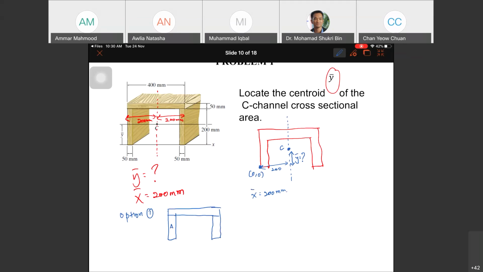Let's say this is A, this is B, and this is C. And you add all together, like what we do previously, A plus B plus C. Or what you can do is you minus.